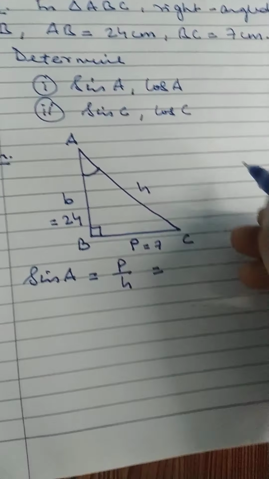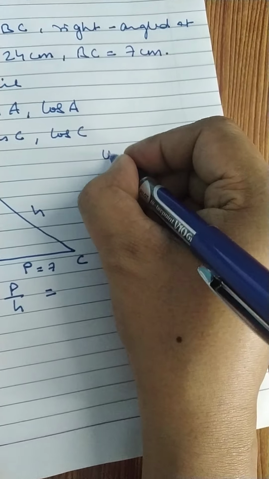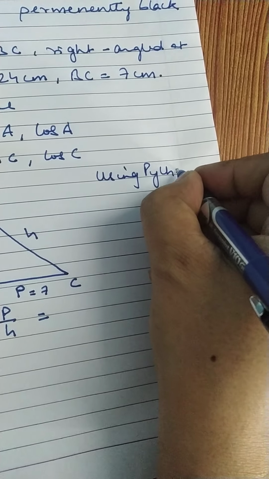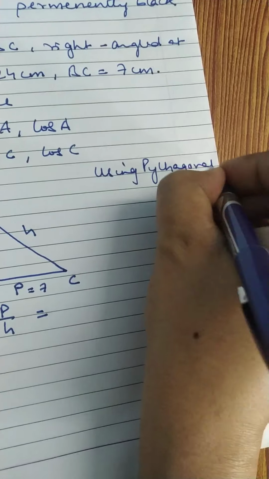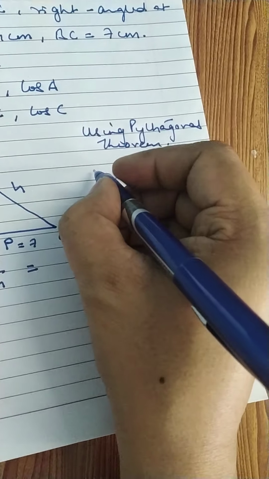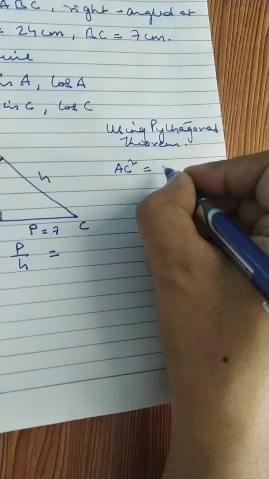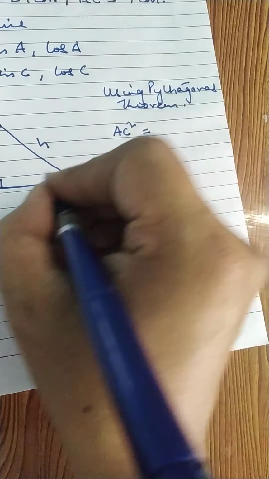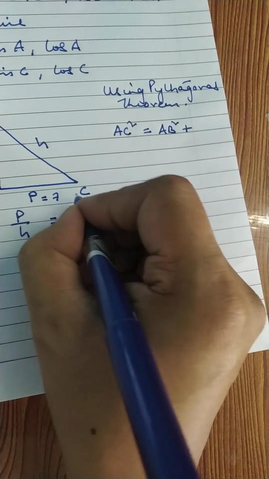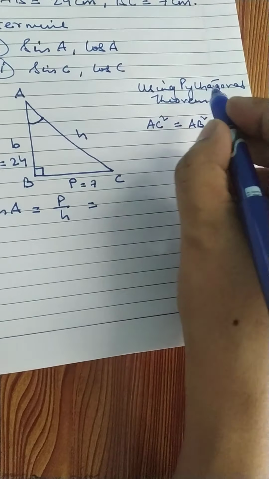So in the right angle triangle, using Pythagoras theorem, we get hypotenuse square is equal to base square, AB, plus perpendicular square, perpendicular is BC. So this is the formula of Pythagoras theorem.